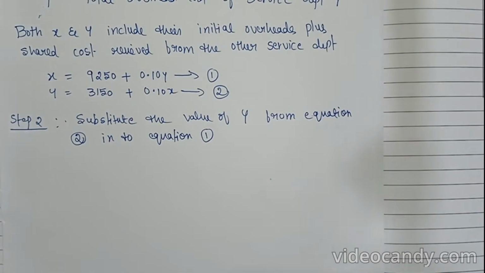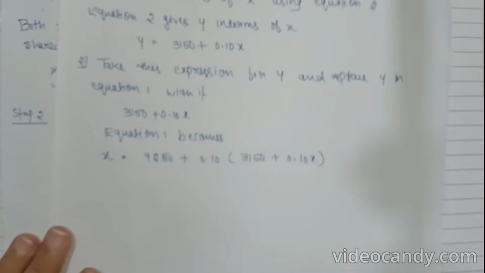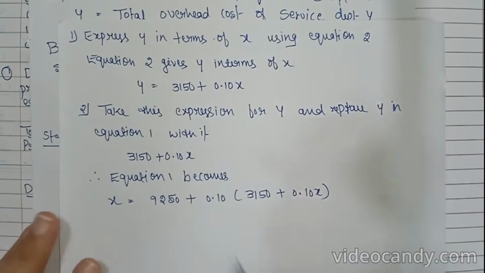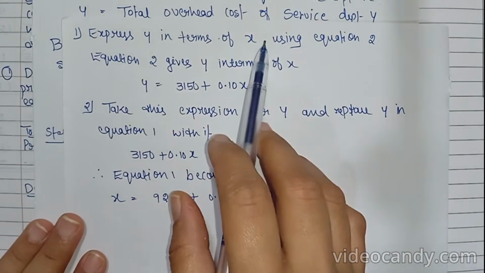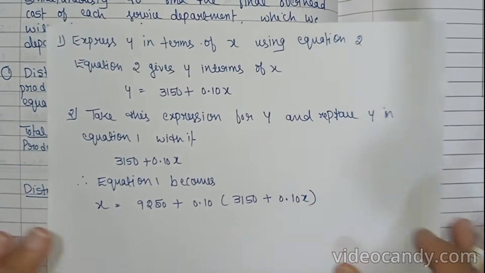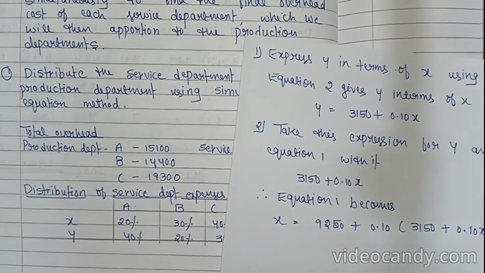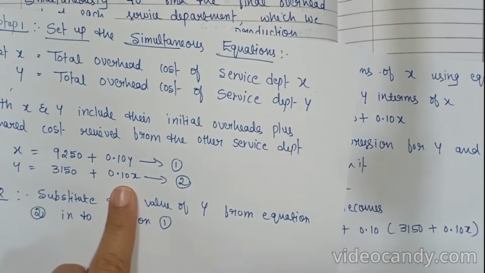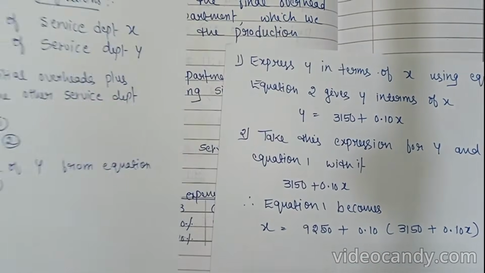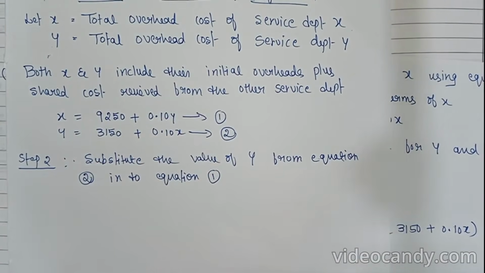It means what? Here you need to listen very carefully. See here. Express y in terms of x using equation 2. This is equation 2, which gives y in terms of x.